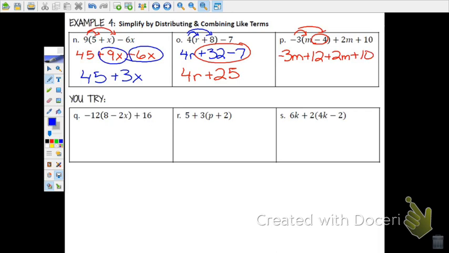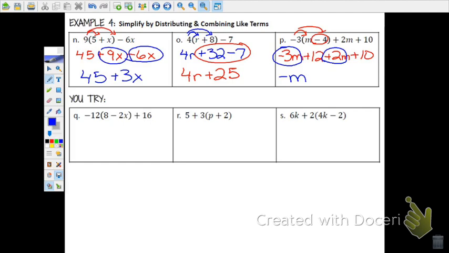Now I'm going to combine like terms. I have a negative 3m plus 2m, which gives me a negative 1m. But that coefficient of 1 is invisible, because if I use my multiplication property, I know 1 times anything is just that thing.